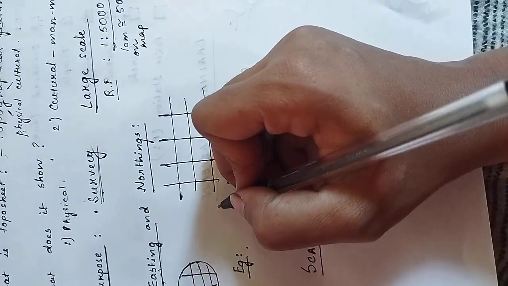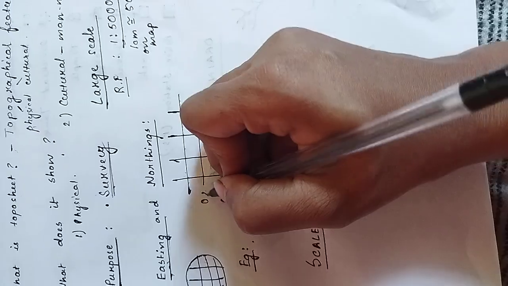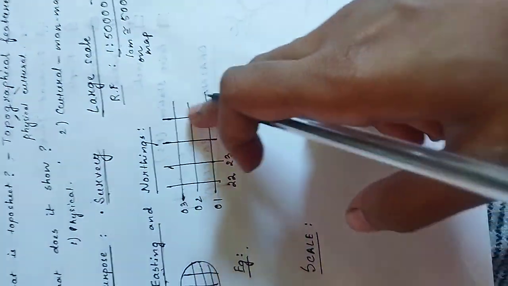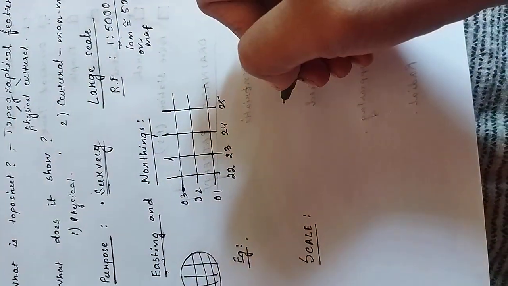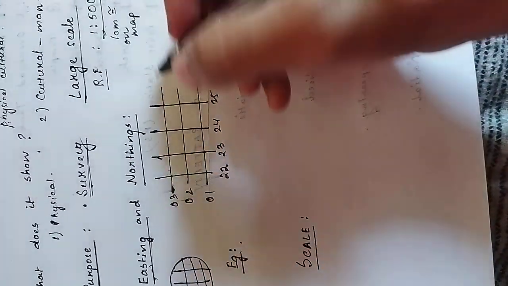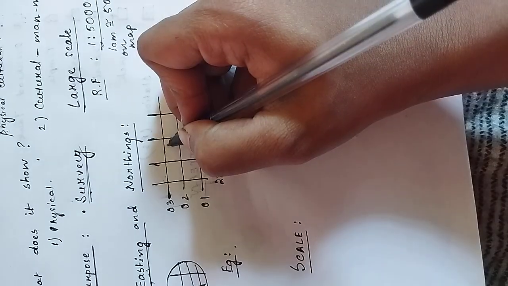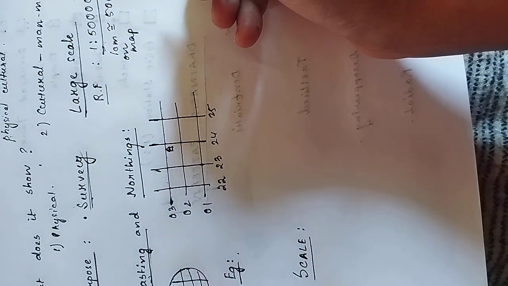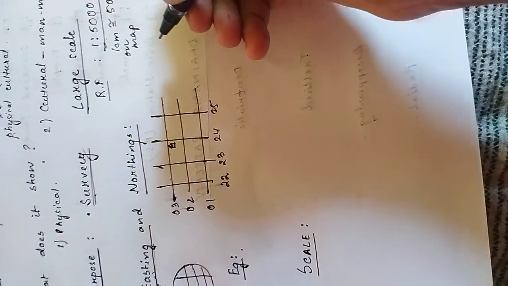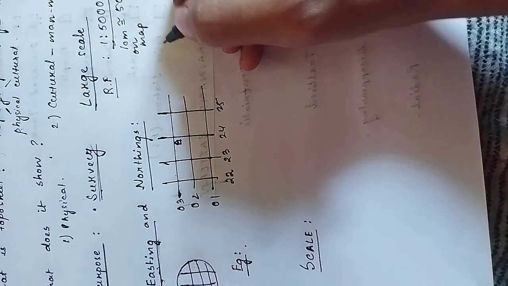These are the eastings, and here we can write the northings like 01, 02, 03. It is just a random number which I am writing. Now if we want to locate a place, suppose there is a temple over here, and I want to know where this temple is located, then I have to give the northing value and the easting value as well.